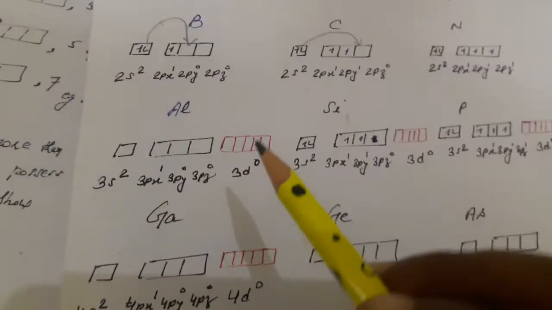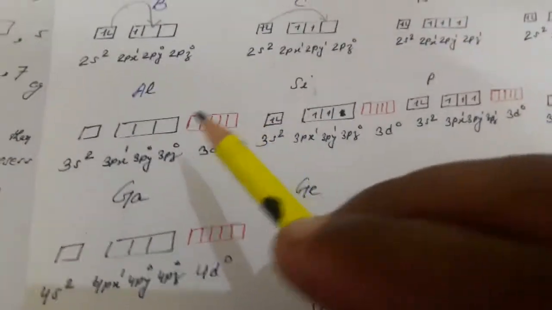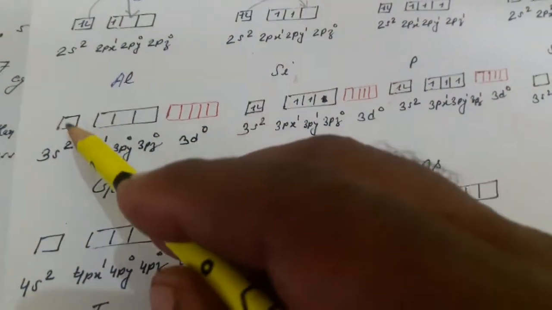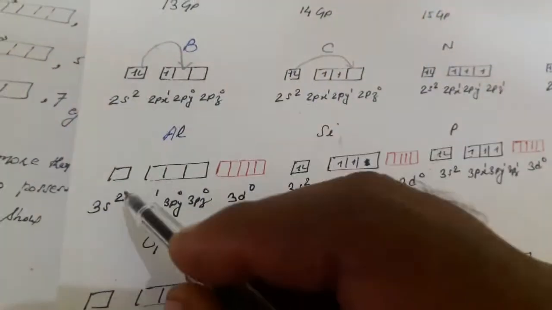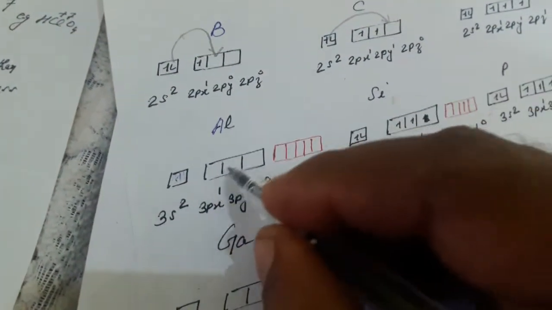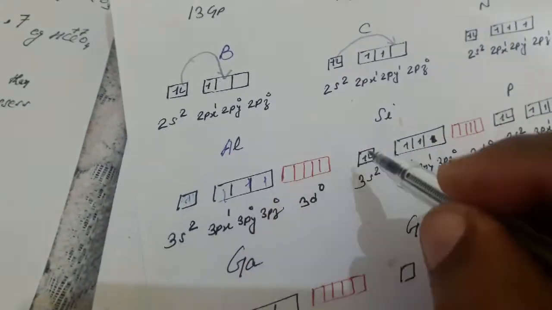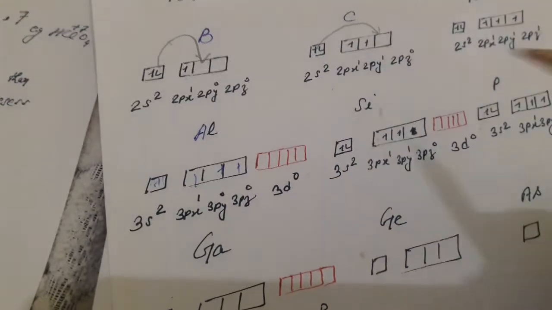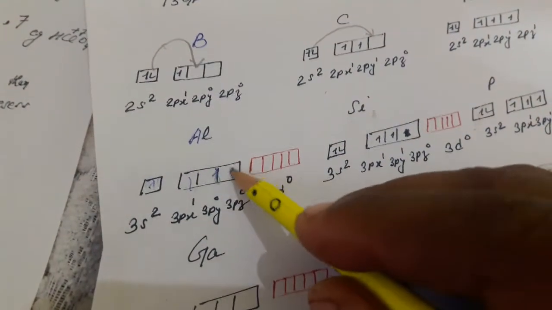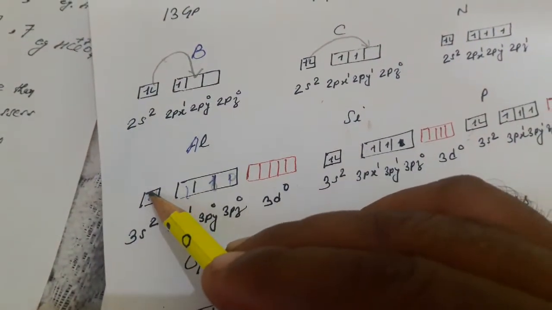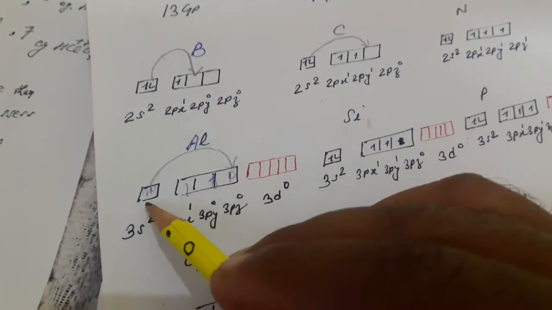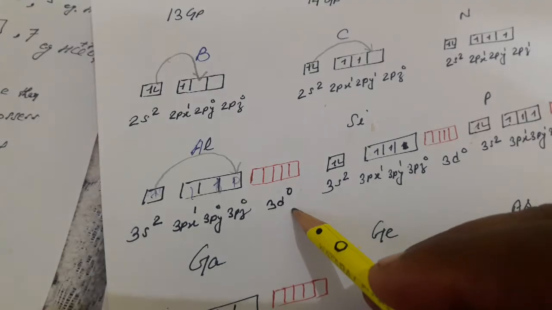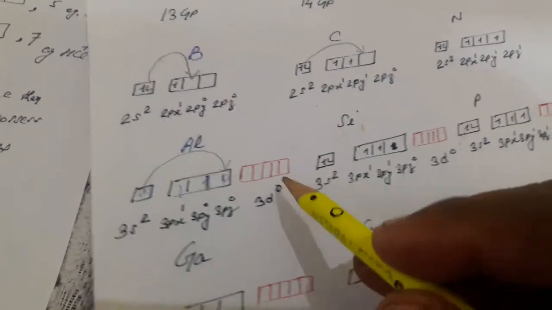Now you can check the second element in the group. In this case 2 electrons are available, then 1 electron, 1 electron, 1 electron. So 0 electron and 0 electron, so that can show the excitation to p. If other excitation is possible and a vacant d orbital is available, it can excite to the next d orbital.